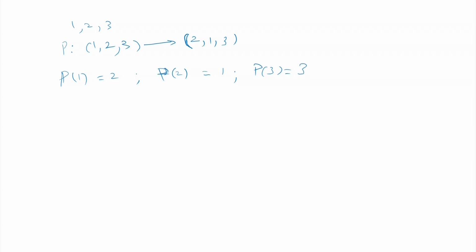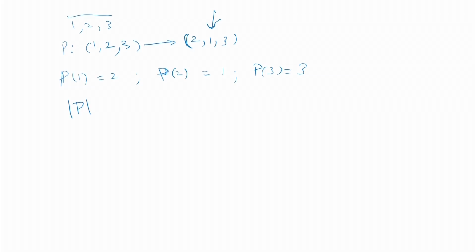Now I define something called mod p, which is a number which tells me the number of pairwise interchanges I need in order to bring this jumbled up sequence back to the original sequence, namely 1, 2, 3. In this case I need precisely one such interchange.